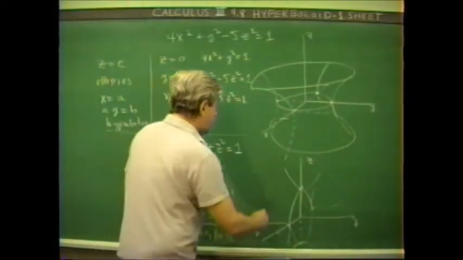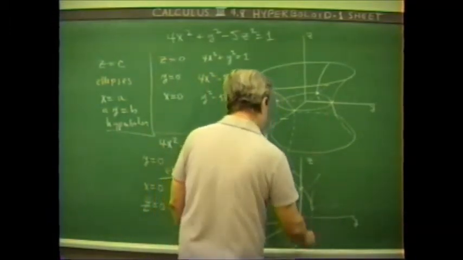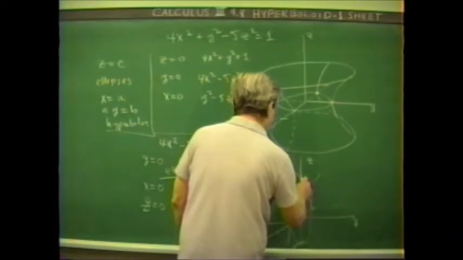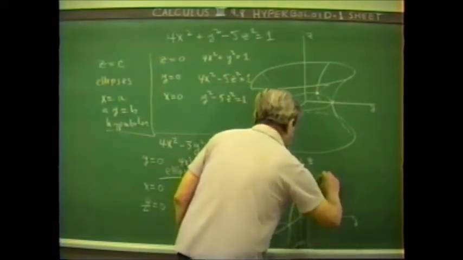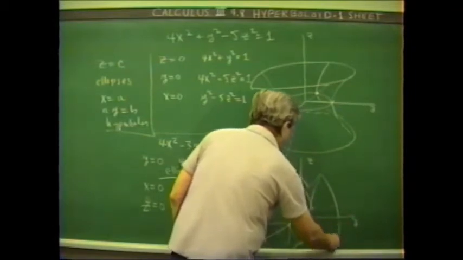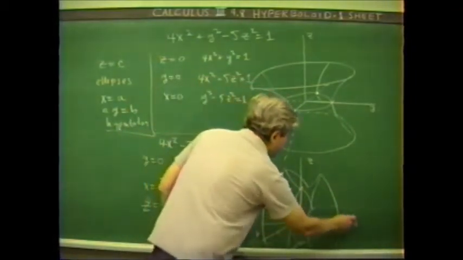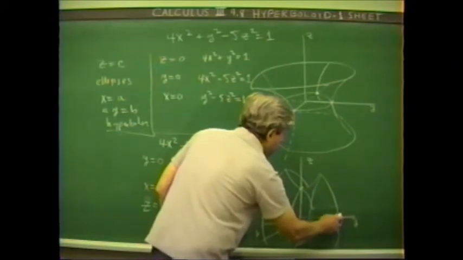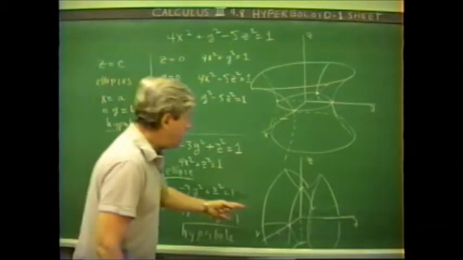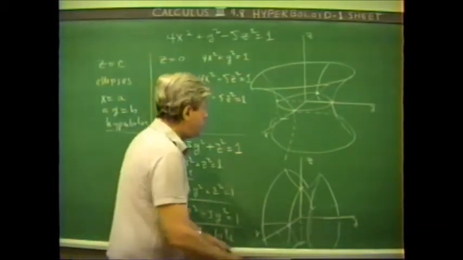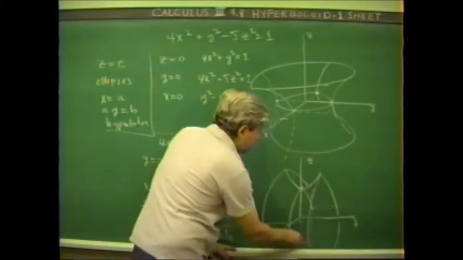Right? The resulting solid is going to look like this. That's to say it's going to look like a spool, a hyperbolic spool if you want, which has the y-axis for its axis. Right? In this direction here, we've got a hyperbola.